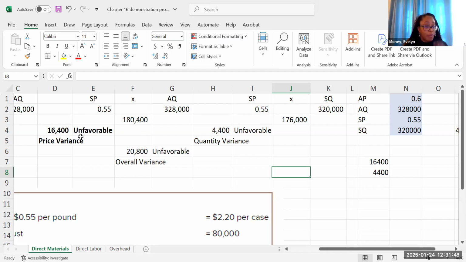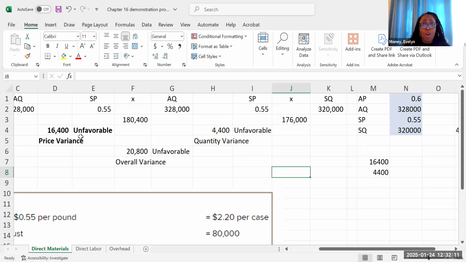If it's because we paid more, maybe we had to do a bunch of rush orders because scheduling was poor, so we kept running out of materials. And when we had to do the rush order, we had to pay extra for the shipping. Maybe the purchasing department ended up not taking advantage of the purchase discounts and they ended up paying later.